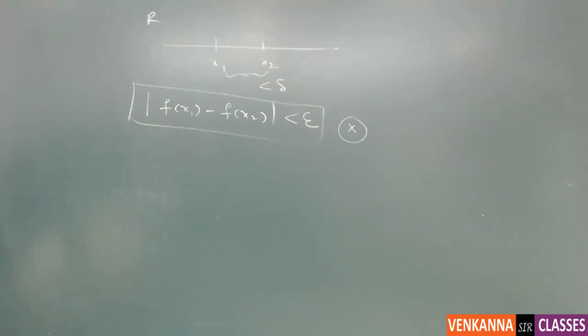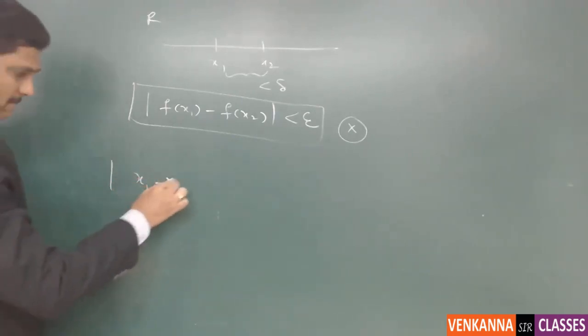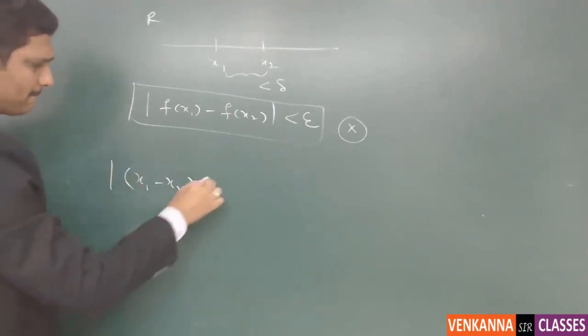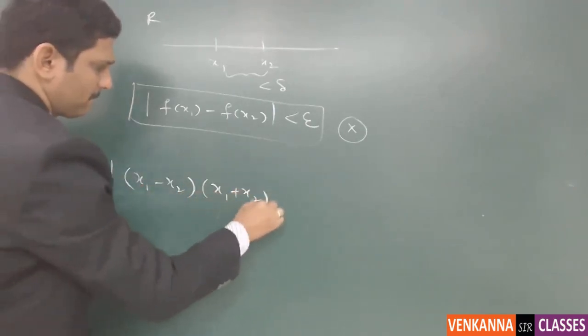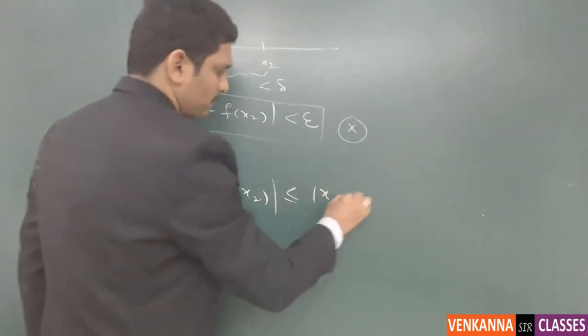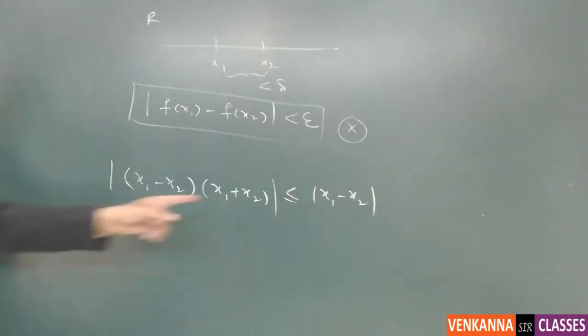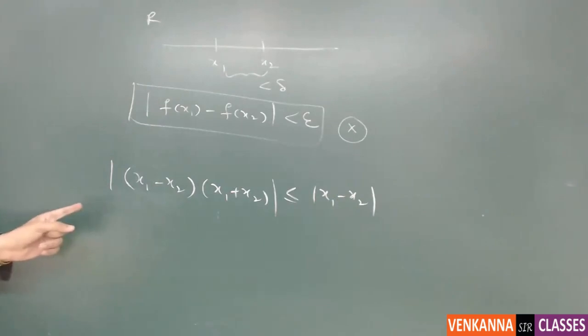So mod x1 minus x2 into mod x1 plus x2 is less than or equal to mod x1 minus x2. How can you write like that? It is always true. Is that true? You are asking for this, right? Is that your question?